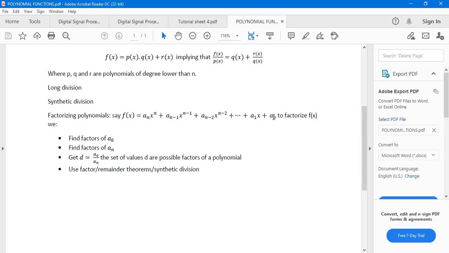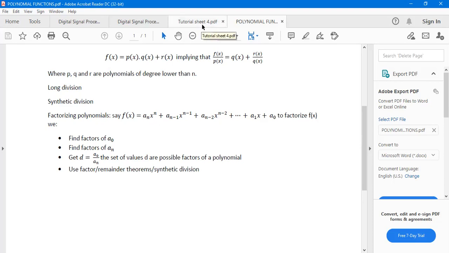So first of all, get factors of the numbers that can go into this particular constant without leaving a remainder. Then also get factors of the coefficient of the highest order. Then get D, which is going to be a series of values, by dividing every factor of A naught with the corresponding factor of AN.